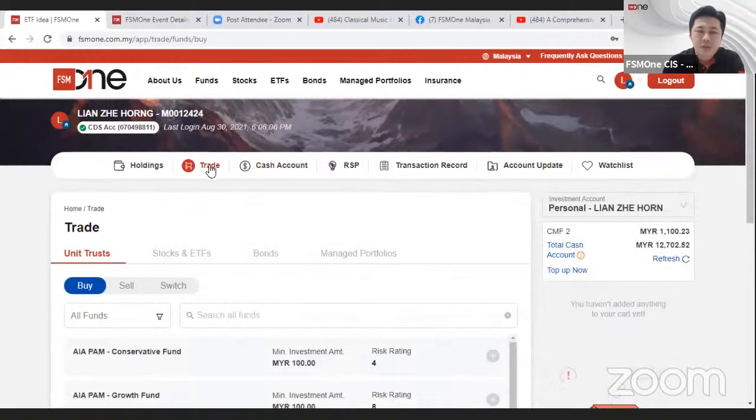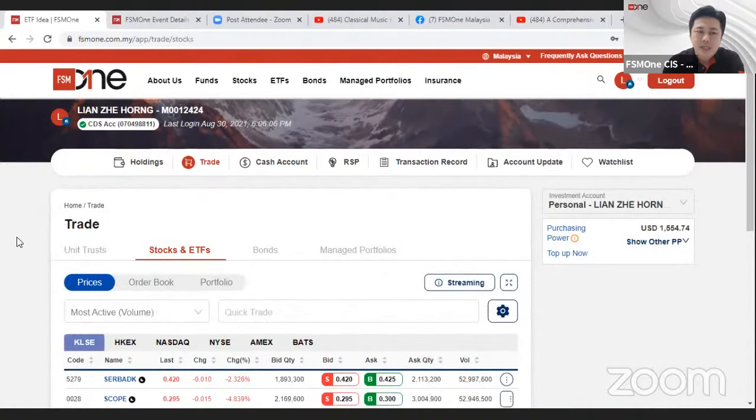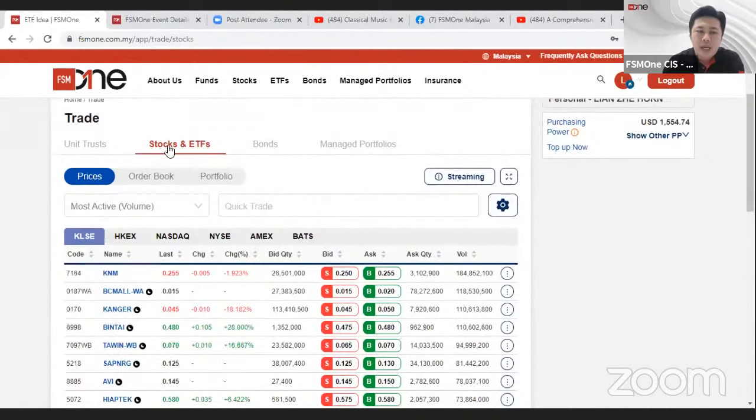To proceed to trade, I just click trade. Because we are an all-in-one platform, all the other products will be available under the trade page as well. So you have to click stock and ETF. Then this is what I told you just now.